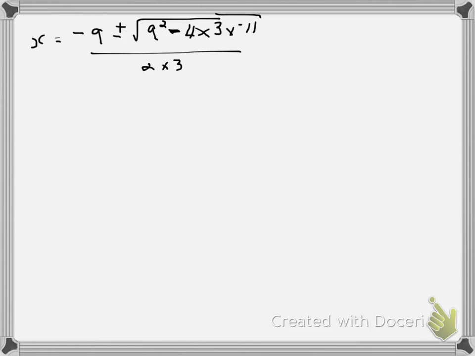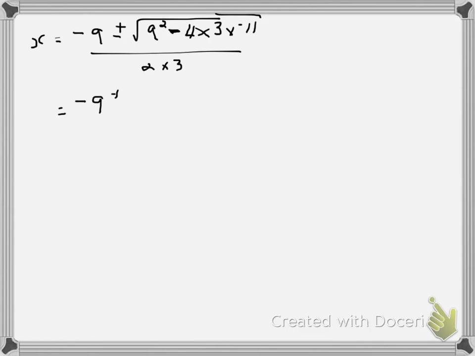x will equal negative 9 plus or minus the square root of 9 squared minus 4 times 3 times negative 11. And that's all over 2 by 3. Right, now a bit of calculation here to do.